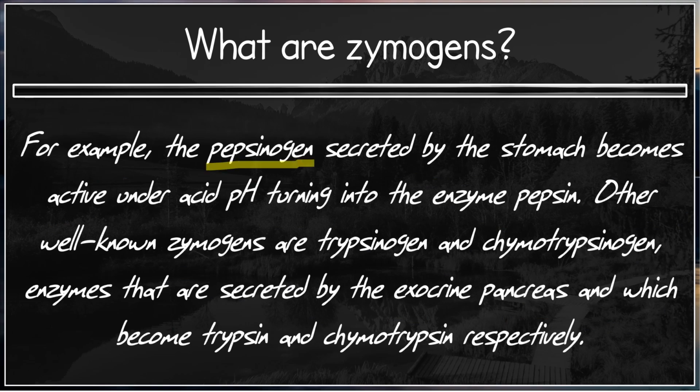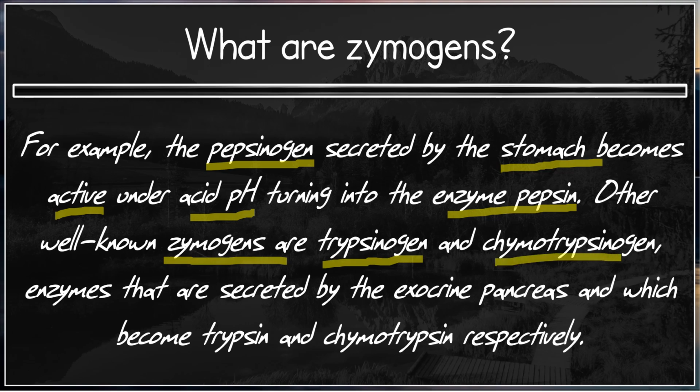For example, pepsinogen is secreted by the stomach and becomes active under acidic pH, turning into the enzyme pepsin. Other well-known zymogens are trypsinogen and chymotrypsinogen, enzymes that are secreted by the exocrine pancreas, which become trypsin and chymotrypsin respectively.